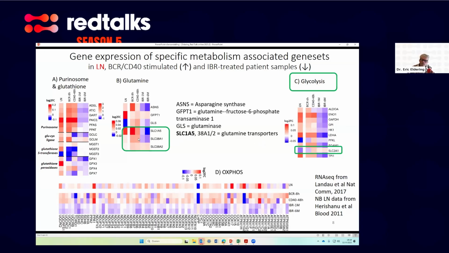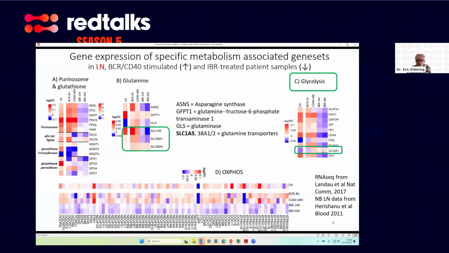So the cell membrane transporters that mediate the import of glutamine from the blood or the medium into the CLL cells are highly regulated. And we thought it was very interesting, and we wanted to study this further. And this piqued our interest of glutamine as an energy source in the CLL lymph node.